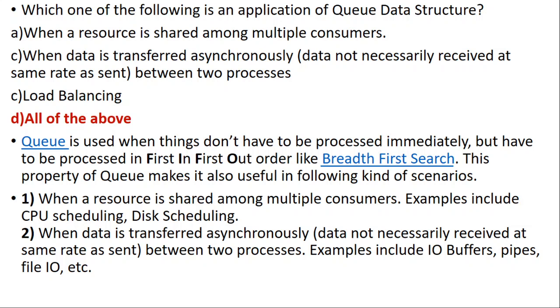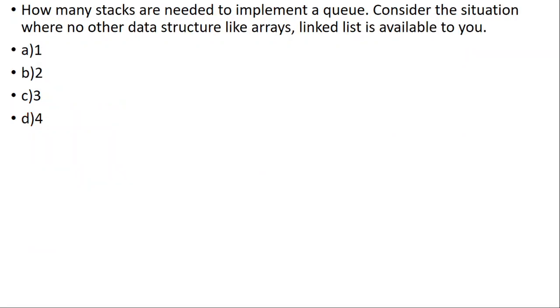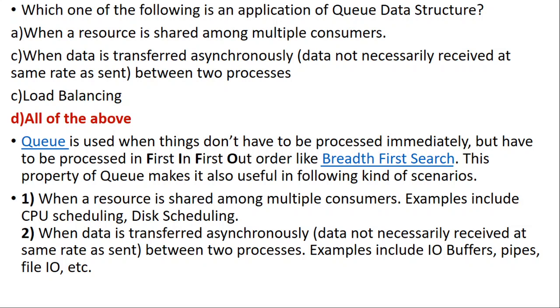When a resource is shared among multiple customers, examples include CPU scheduling, disk scheduling. When the data is transferred asynchronously, data is not necessarily received at the same rate as sent between the two processes. So the answer is D, all the above. When the resource is shared among multiple consumers, when the data is transferred asynchronously, and load balancing.